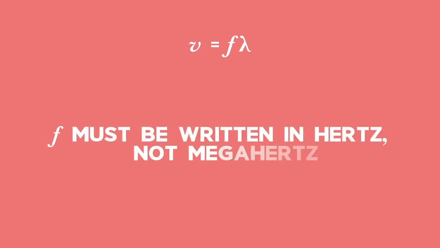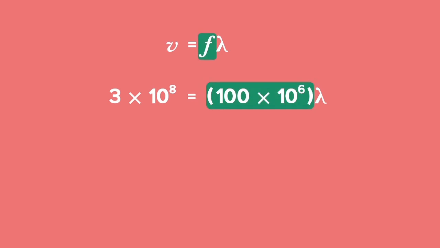When you substitute, remember that the frequency itself must be written in hertz, not megahertz. So that means 100 times 10 to the power of 6 hertz in the place of frequency.